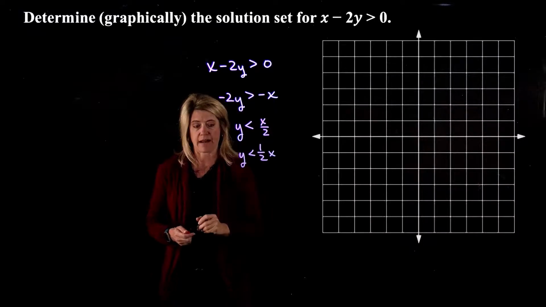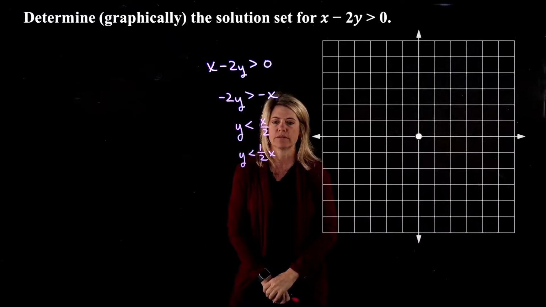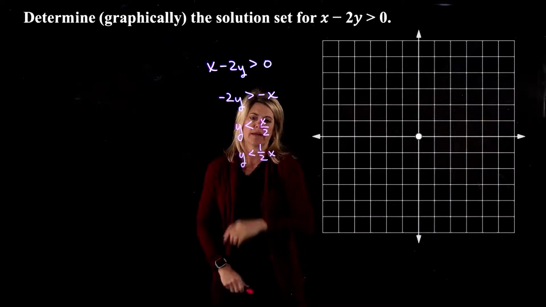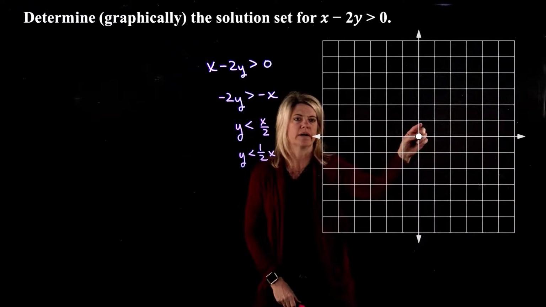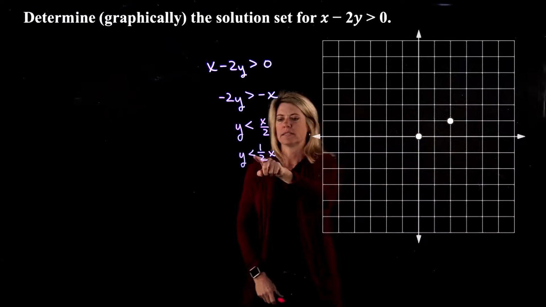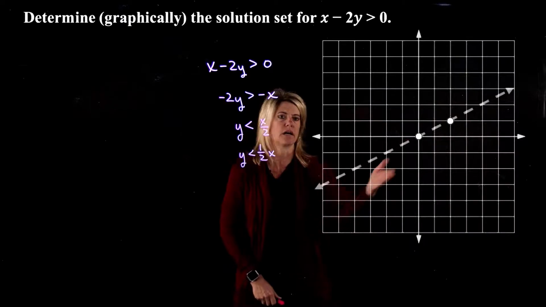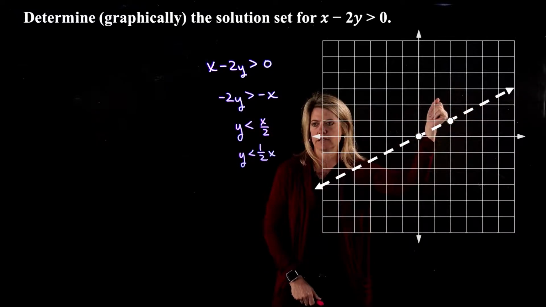So now we need to graph it. The y-intercept on this one is 0. So we're going to graph 0. Our slope is 1/2, so that means we go up 1 over 2, and we graph this point here. This is a strict inequality, meaning there is no equal to it. It is strictly less than. So we draw a dotted line that goes through those 2 points.